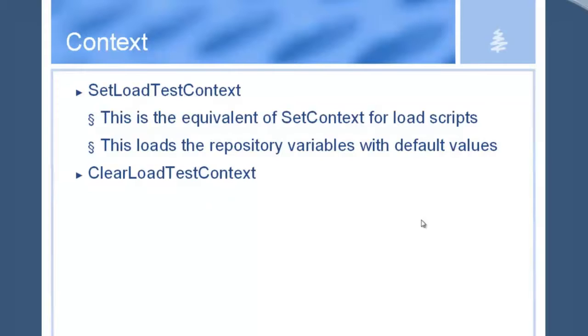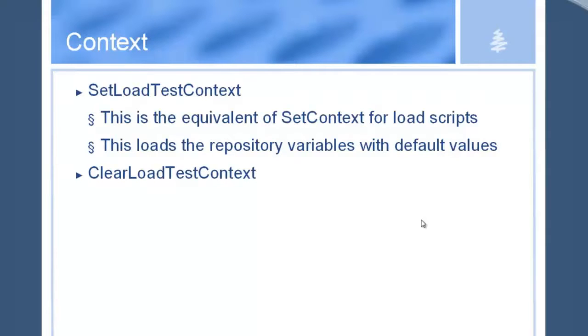Like a normal QA Wizard script, when we see this, we load in all the repository variables that you can use. The big difference being if you have any that are prompting the user for values, we can't do that in a load script, so we're just going to pull in the default values, but you can still manipulate them and use any repository variables.